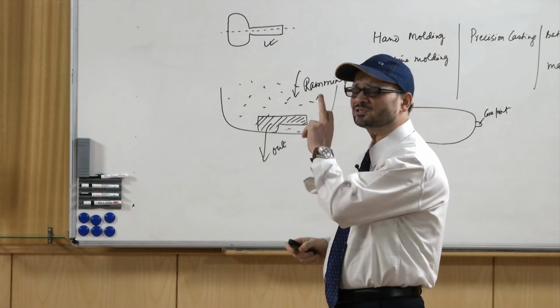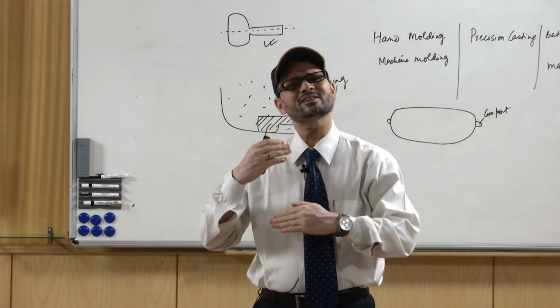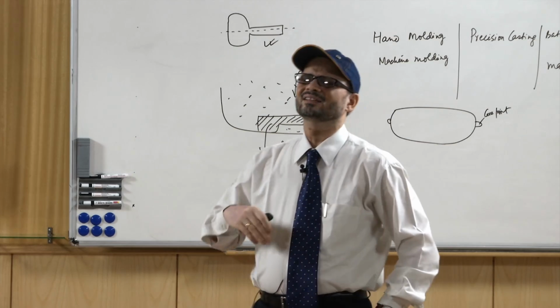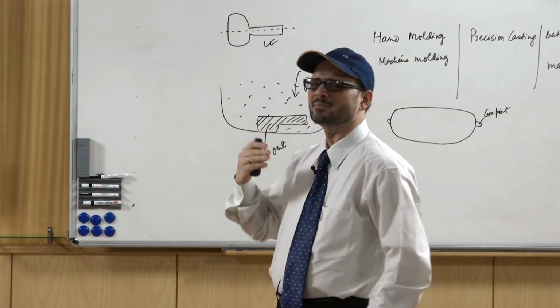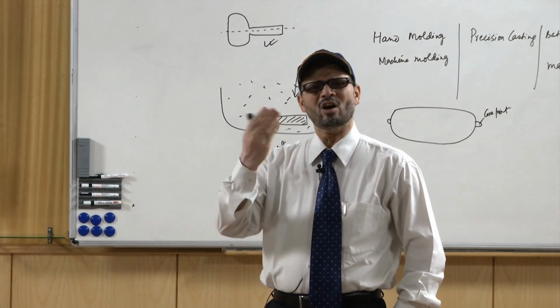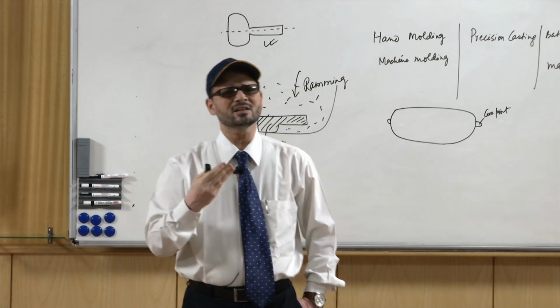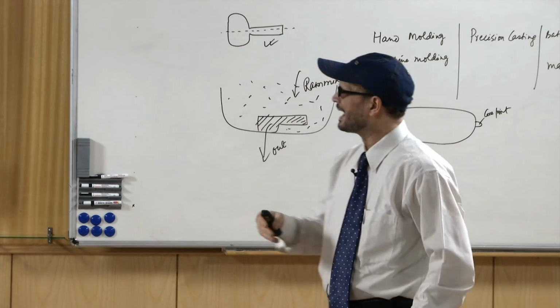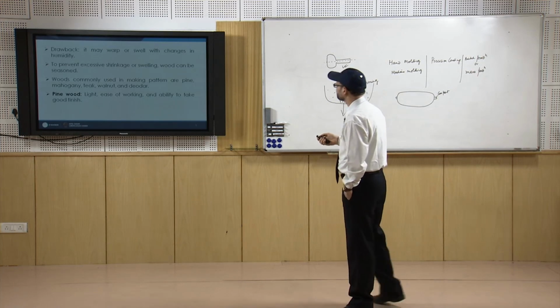So, this is one of the drawbacks of wood, and for that certain treatment is required. There are certain varieties of wood which have good dimensional stability, but normal wood cannot be taken as a pattern material without care. So, care has to be taken when we take wood as the pattern material.